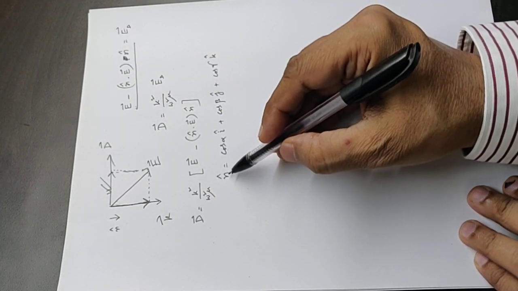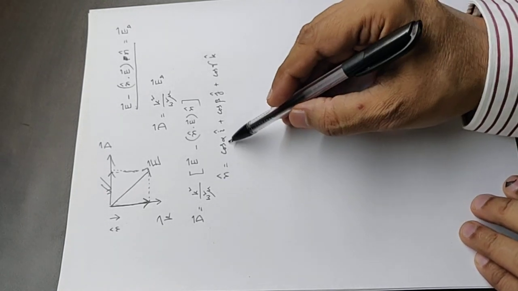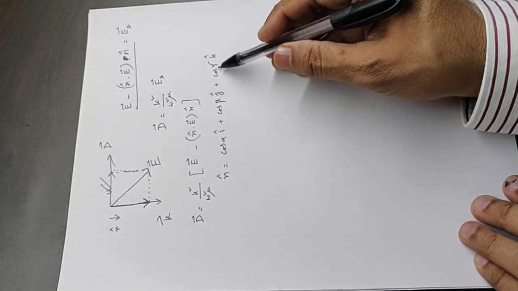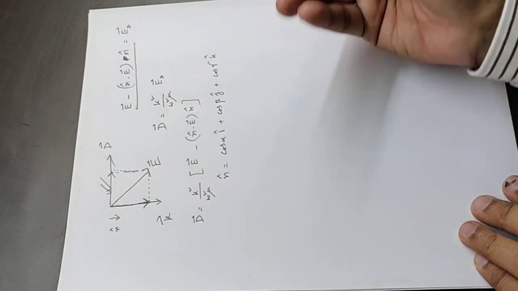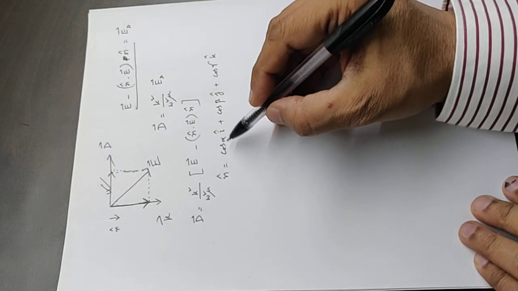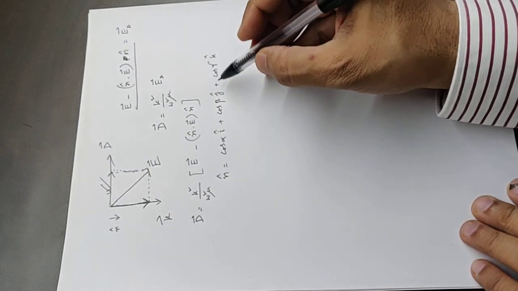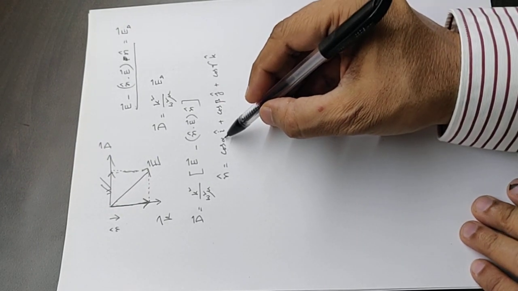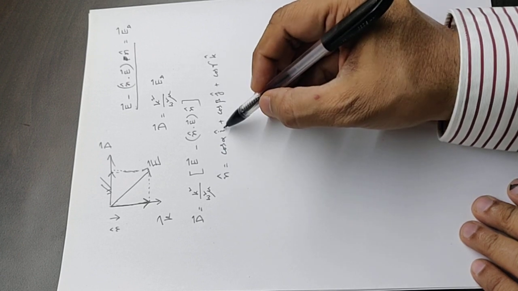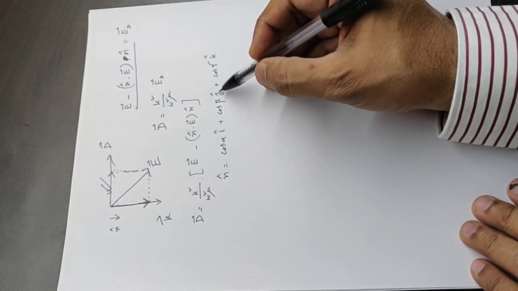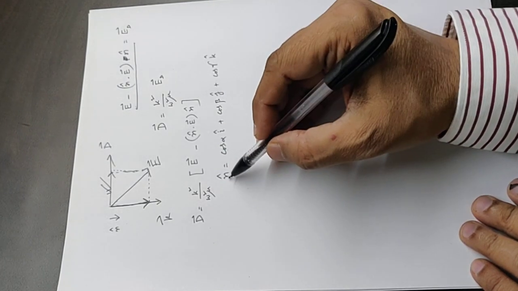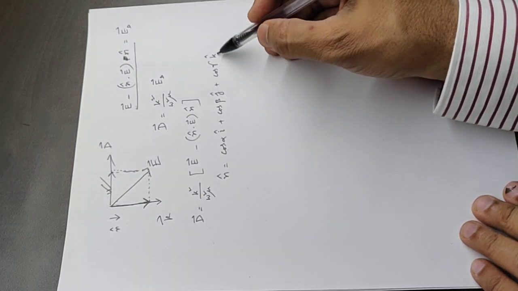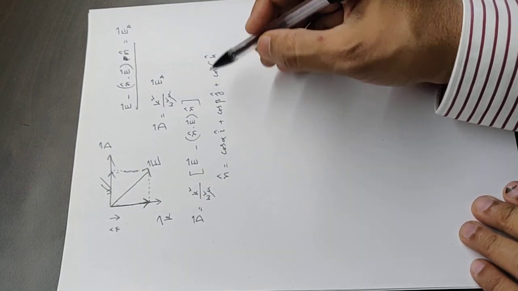Since n is a unit vector, cos square alpha plus cos square beta plus cos square gamma has to be 1. The magnitude of that is 1, and these are cosine angles. So this is just the direction of n. So alpha is the angle between n and the x-axis, beta is the angle between j and n, and gamma is the angle between the z-axis and n.